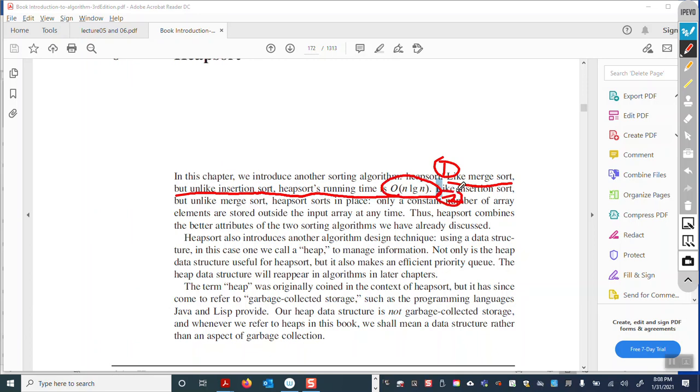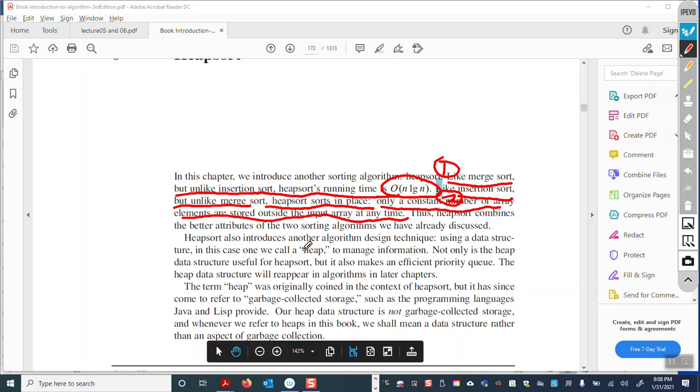Advantage 2: like insertion sort but not like merge sort, heapsort is in place. That means only a constant number of array elements are stored outside the input array at a time.